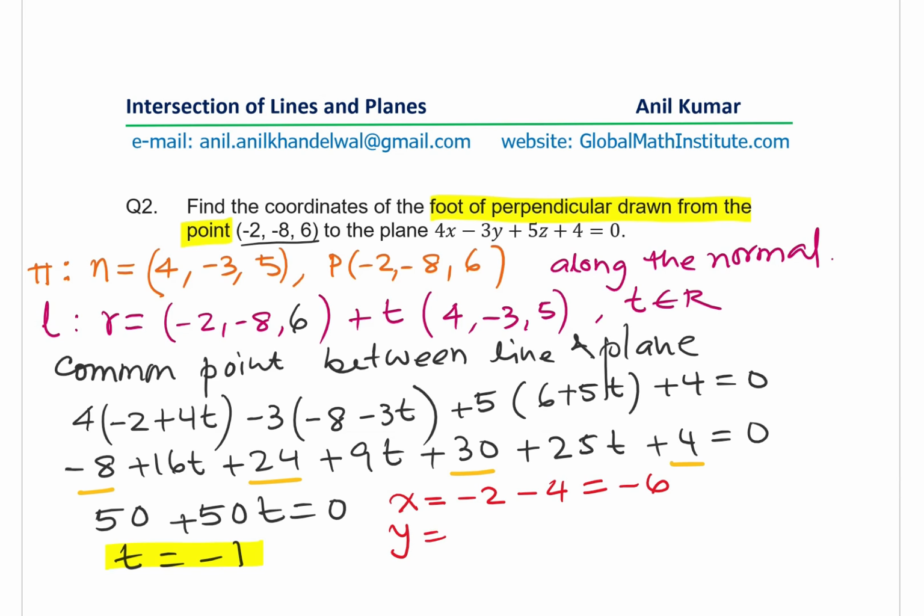The y value is minus 8, t is minus 1, so it becomes plus 3, and that is minus 5. The z value is 6, and then t is minus 1, so minus 5, which gives us 1. Therefore we're looking for the point which is minus 6, minus 5, and 1. Correct?